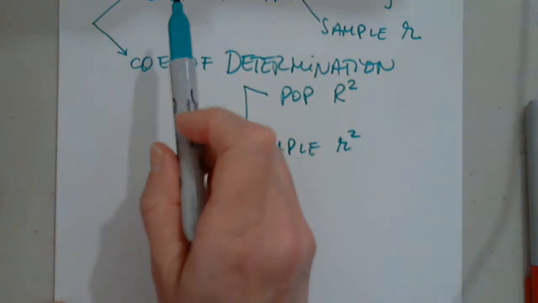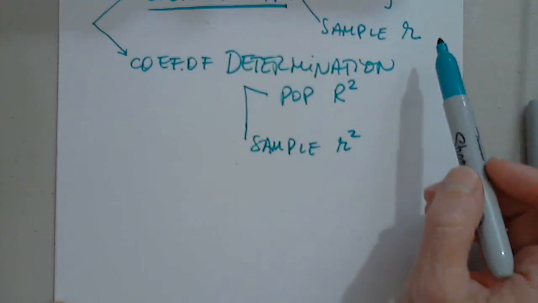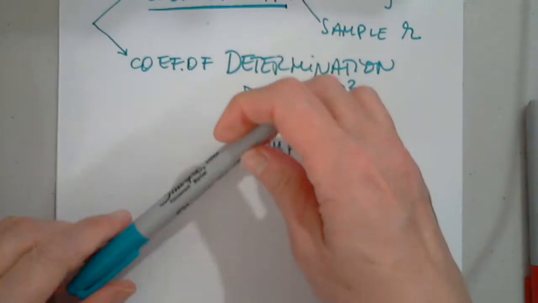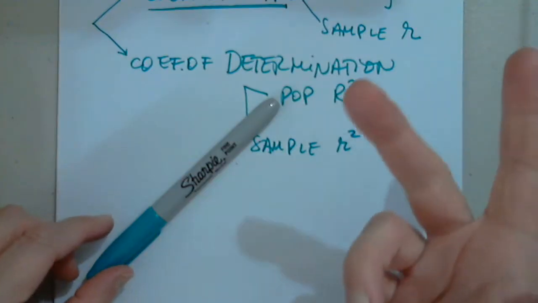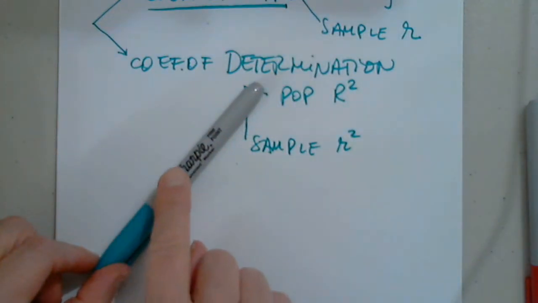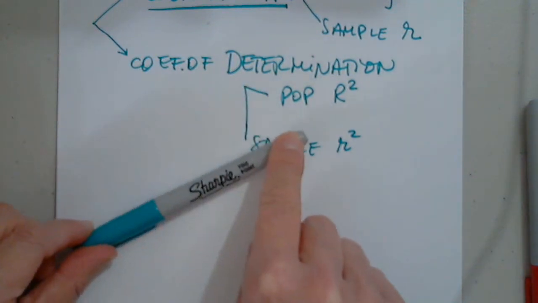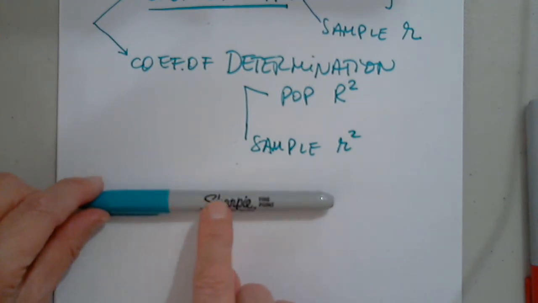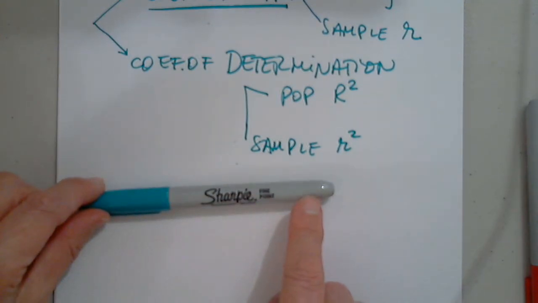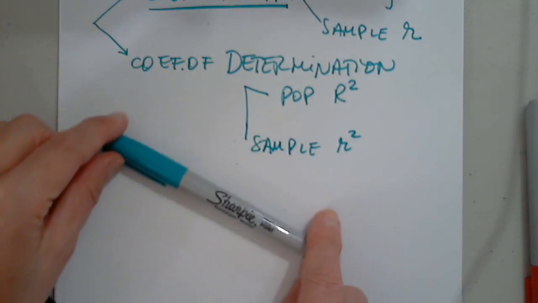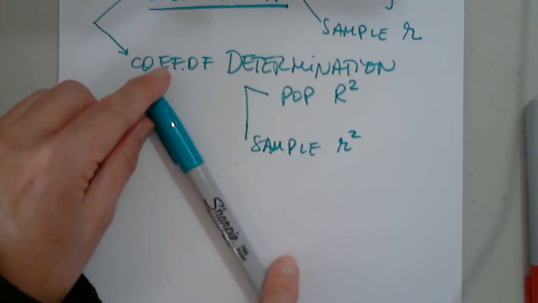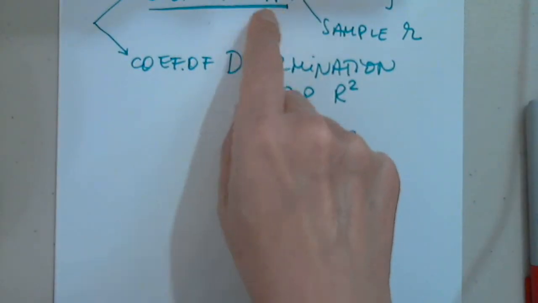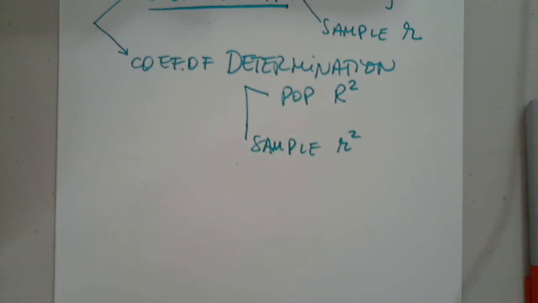Well, the coefficient of correlation shows what type of relationship we have between two variables: strong positive, positive, no correlation, coefficient 0, negative, strong negative.